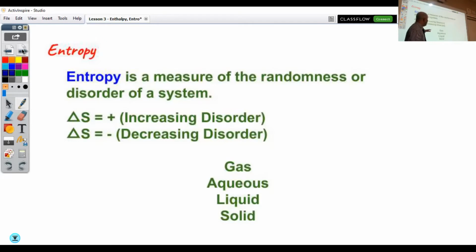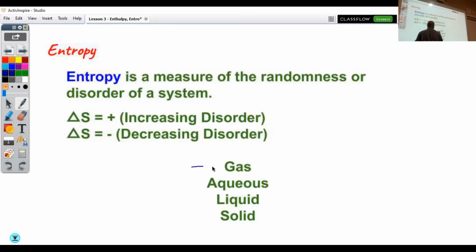Now, if we look at our 4 states of matter, so really gas, solid, liquid, aqueous is not necessarily a new state of matter. It's just a mixture of both ions and a solution. But gas is going to be the most disordered. You have molecules going around in all different directions. They're very far apart from each other. Their speed is going to be extremely fast.